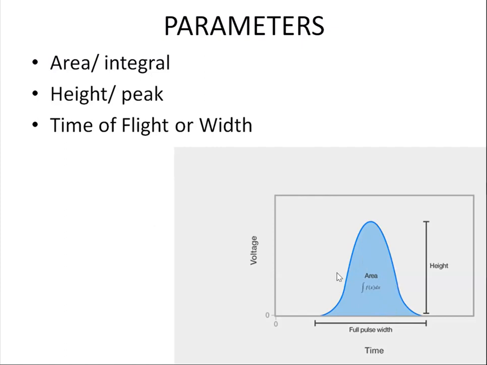Something like area of the pulse, which is the total area under the curve. The other thing is height of the pulse, which is related to the brightness of the signal, and of course area is also proportional to the brightness of the signal. And then you have the width of the pulse. So these are the three things which come with a signal.